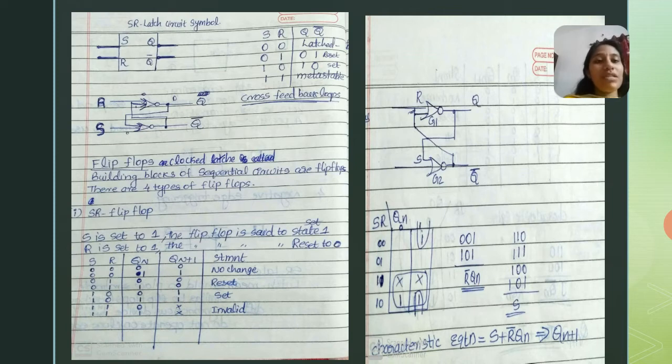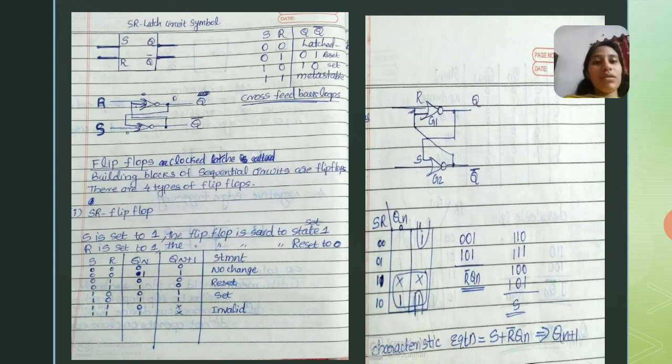If you are giving 1 0 as input, the present state will be changed to 1. That is, set means setting to 1, reset means resetting to 0. Then if you are giving S and R as 1, it will lead to a metastable state.